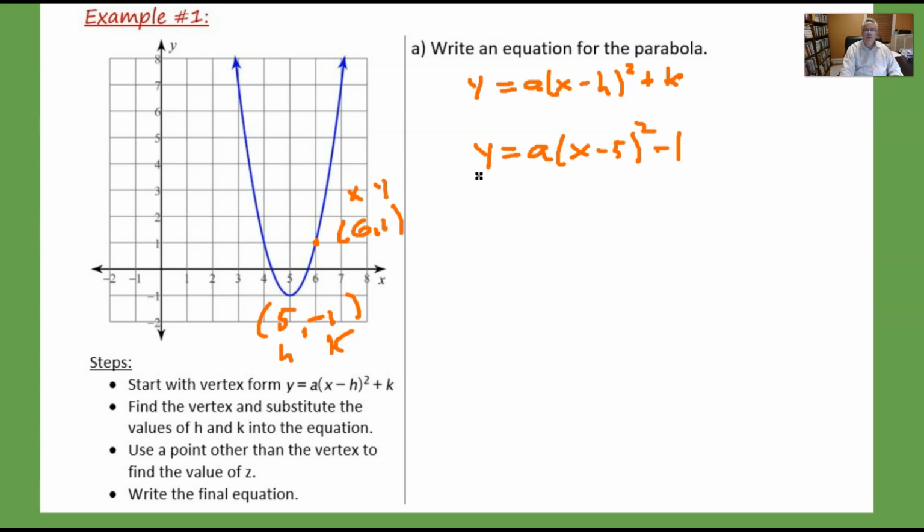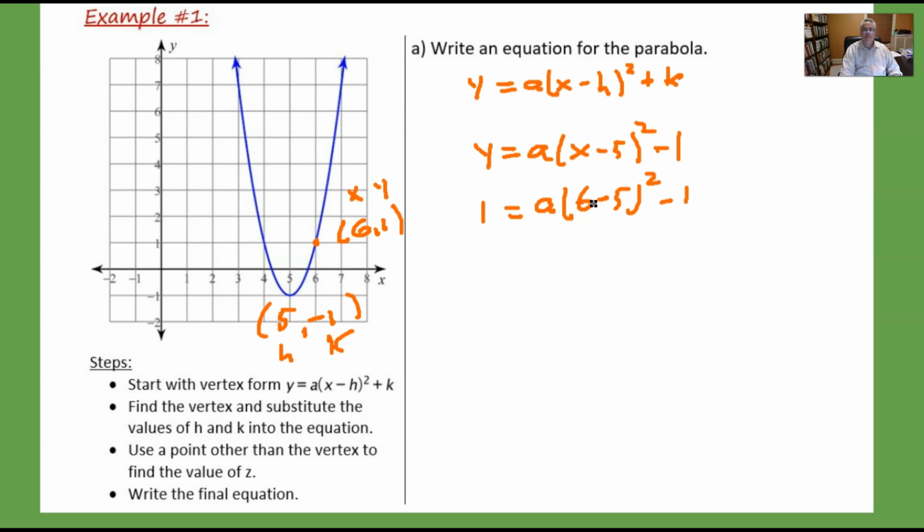So 1 equals a times 6 minus 5 squared minus 1. When I substitute these values in for x and y, we get an equation that only has a.